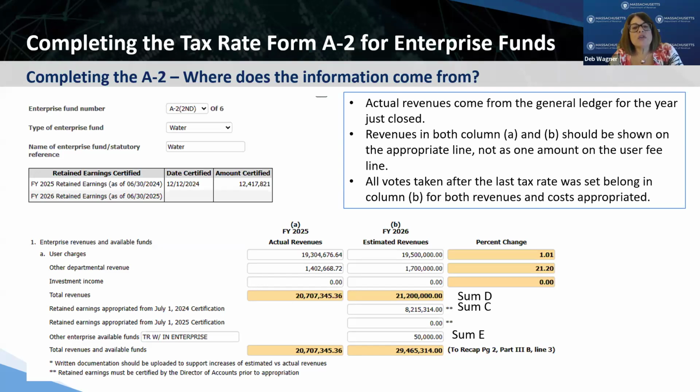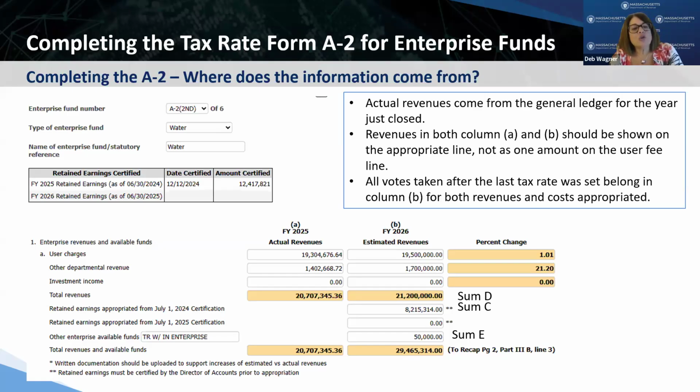And the revenues in both columns A and B should be shown on the appropriate line and not just lumped into the user fees line as one amount. And all votes taken after the last tax rate was set, again, I mentioned this earlier, belong in column B for both the revenues and the costs appropriated.